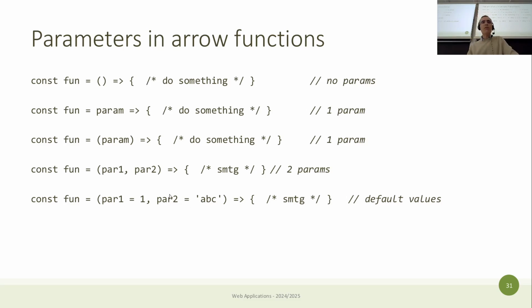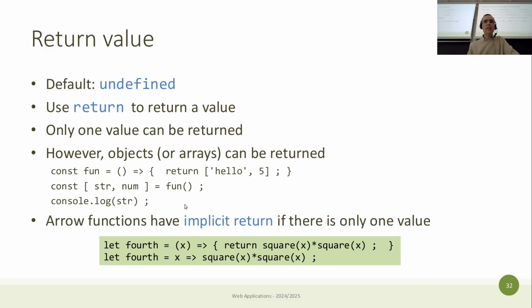Okay, you can use default values, but I mean, this is really a small detail. The return value in functions is always undefined unless you return something. Okay, JavaScript likes undefined. Everything you don't specify is undefined.